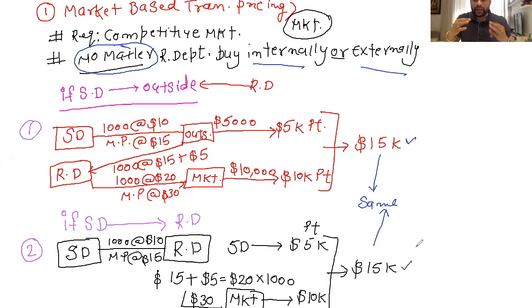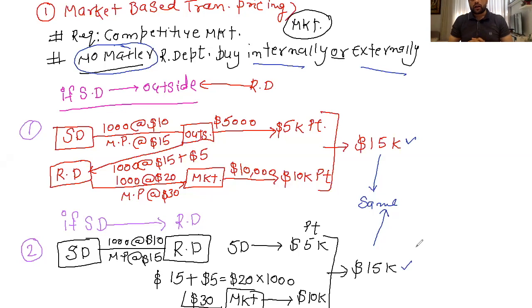So it's completely the department manager's decision. The particular department has a decision whether to buy internally or externally.